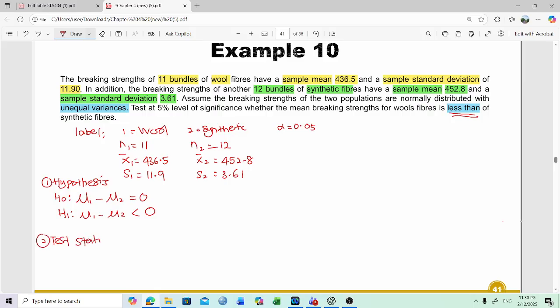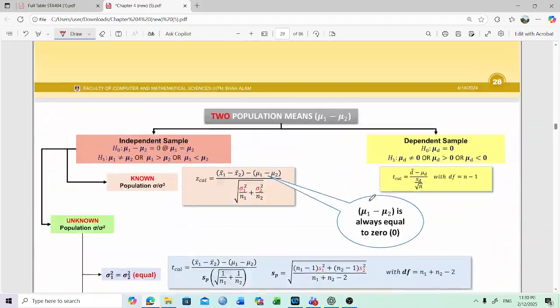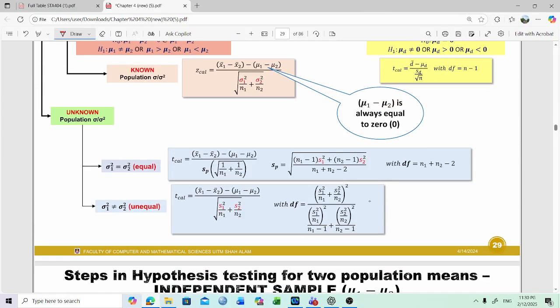For this one, you need to calculate the test statistic. Since it is already mentioned that it is unequal variances, you should use this formula. We're going to use this formula, the unequal one. Why? Because the question already mentioned unequal variances. So this is the formula for test statistic.